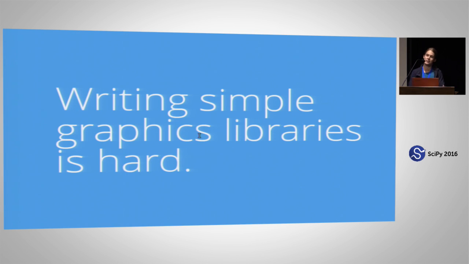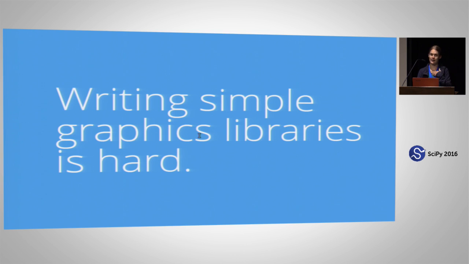All right, so the point I'm trying to convey with this user story is that writing simple and easy-to-use graphics libraries that are also cross-platform is hard. However, there are already Python projects out there who are sort of domain experts in making cross-platform windowing and 3D drawing systems.